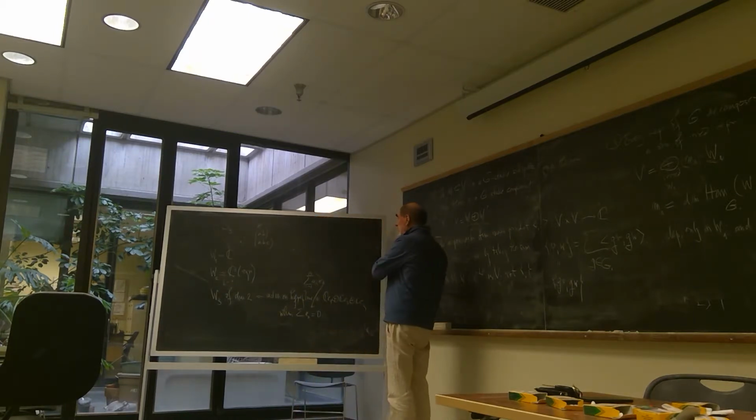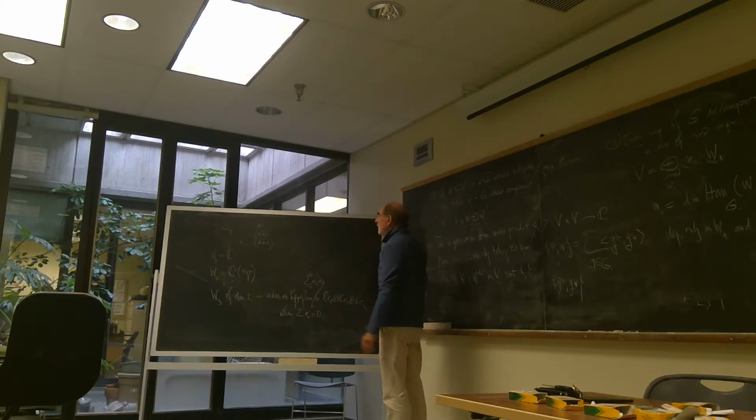And that gives a 2-dimensional subspace that's stable under all permutations. And that's our 2-dimensional representation.